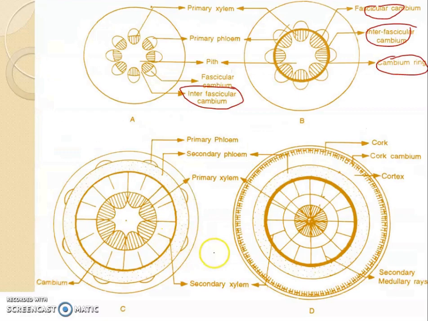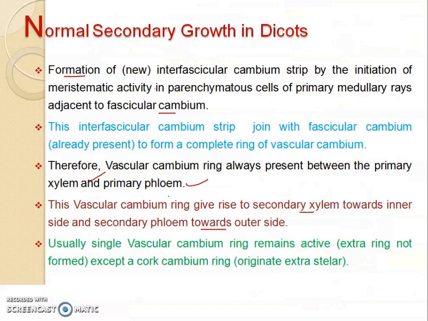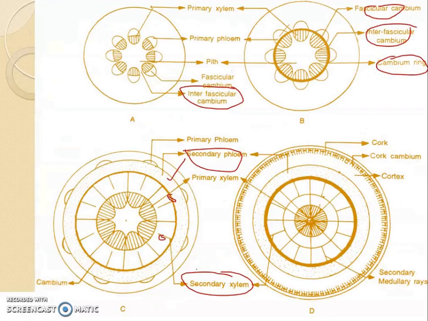Usually a single vascular cambium ring remains active and no extra cambium is formed except a cork cambium ring, which is extrastellar in origin. This is the cambium ring and cork cambium formed after the secondary growth.